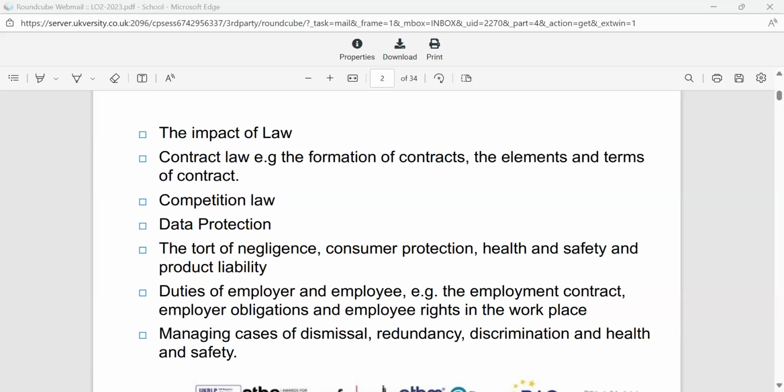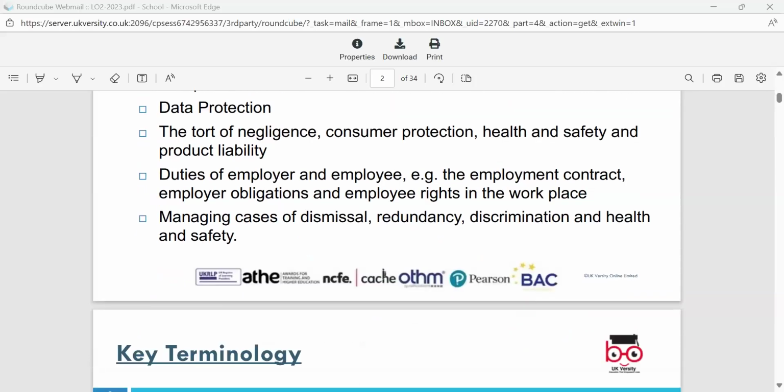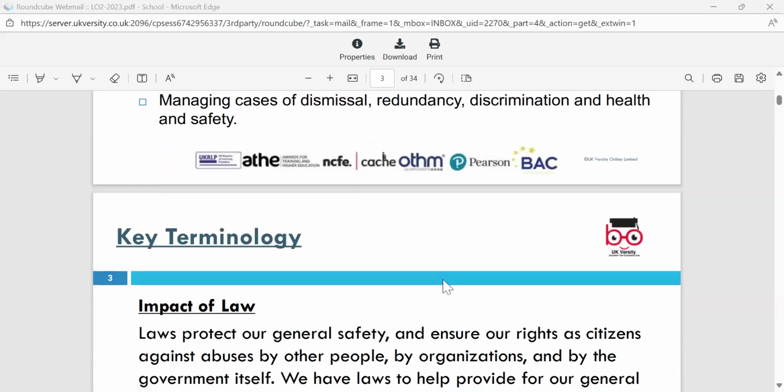We're going to look at competition law, data protection, and the tort of negligence, consumer protection, health and safety, and product liability as well. We look at duties of an employer and employee, the employment contract, employees' obligations and rights in the workplace, and also managing cases of dismissal, redundancy, discrimination, and health and safety.